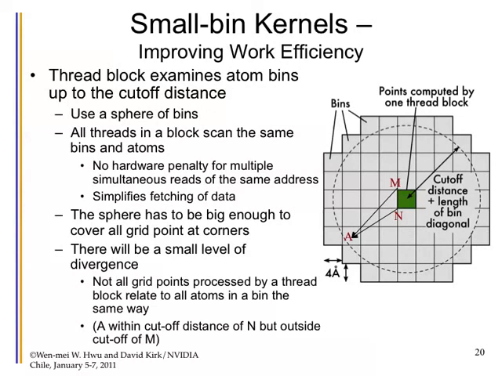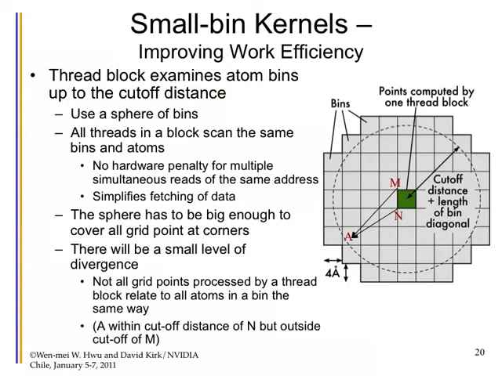What we do here is we use a sphere of bins, used by each thread block to calculate a small cube of lattice values. All the threads in that block will look at all the bins in the collection, and there's no hardware penalty for multiple simultaneous reads to the same address. So if you have enough threads in your cube, then every bin that you read from memory will be reused multiple times.